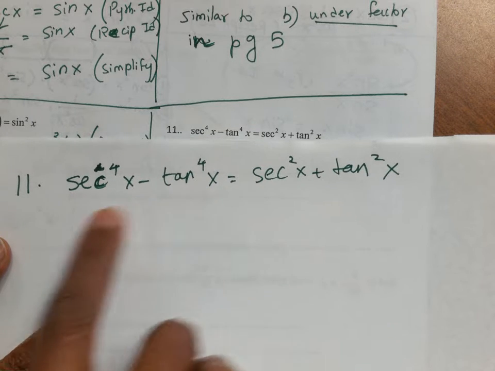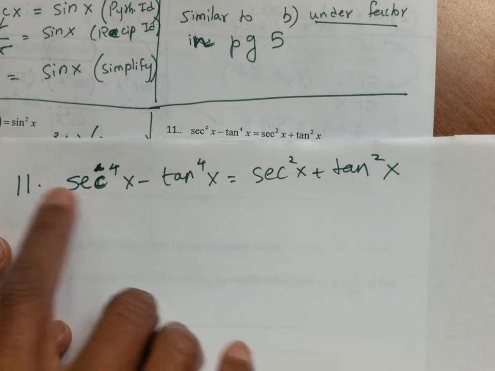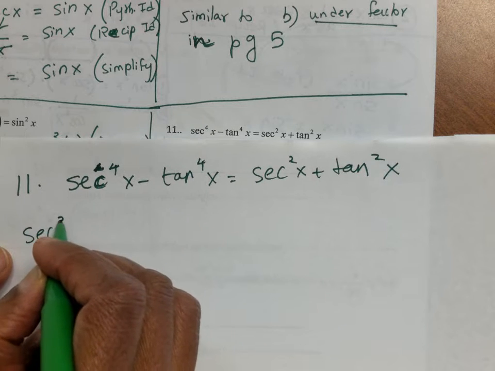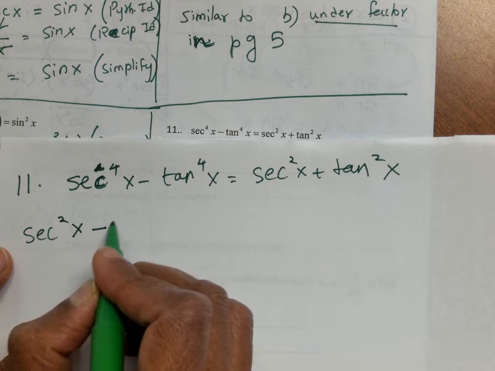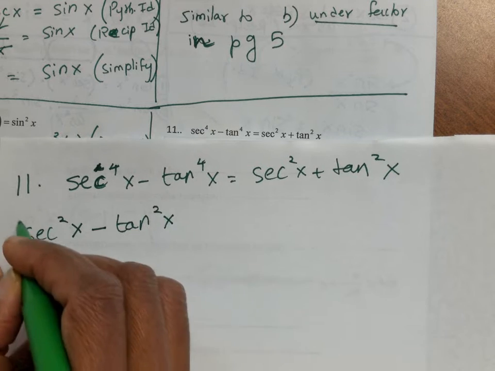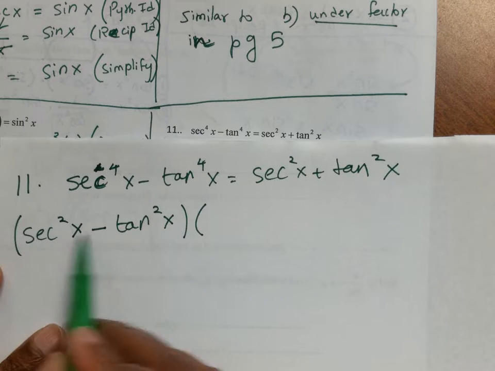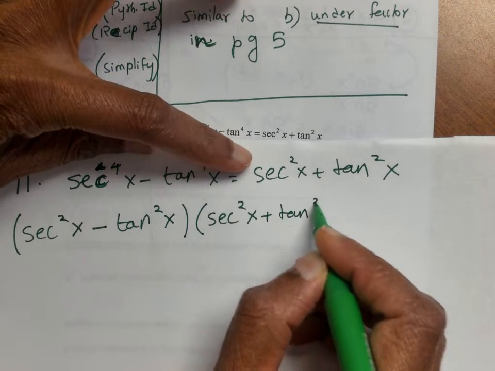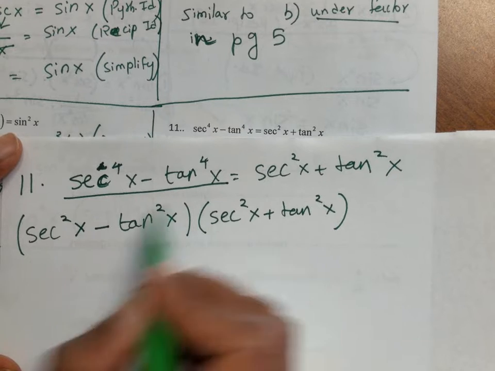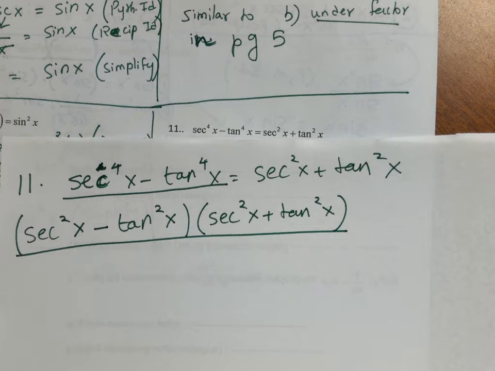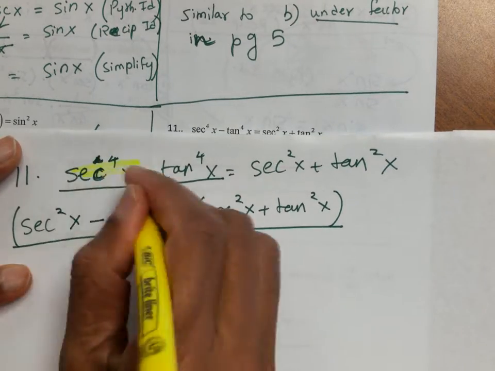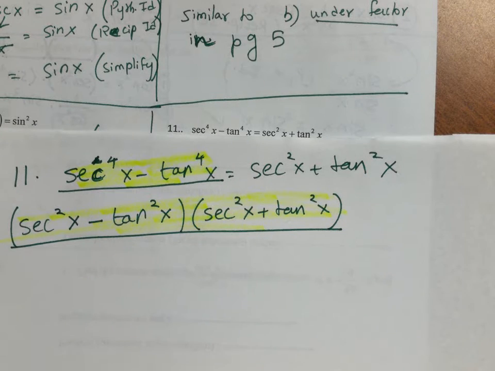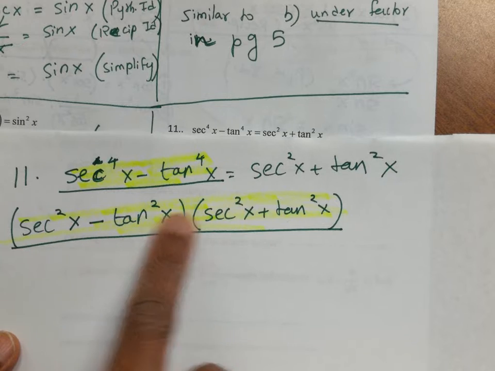A square minus b square is a minus b, a plus b.